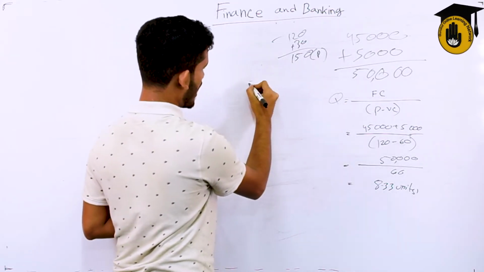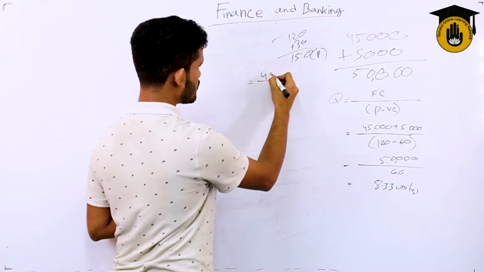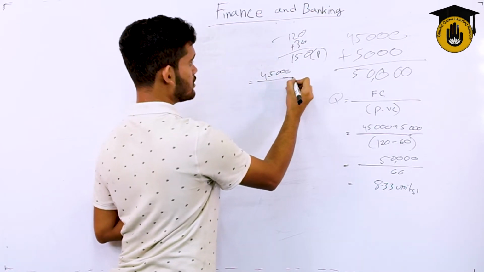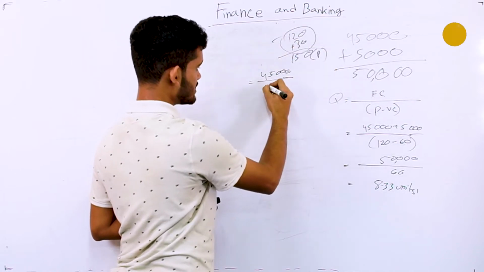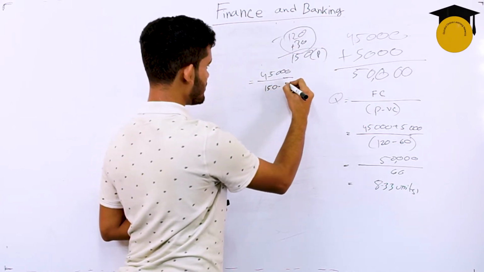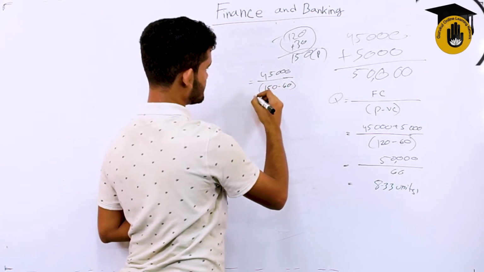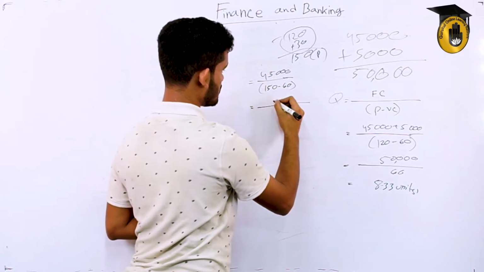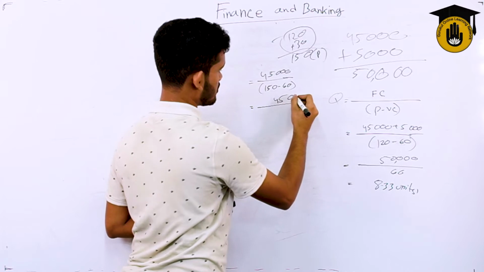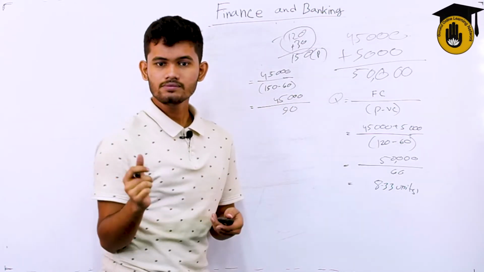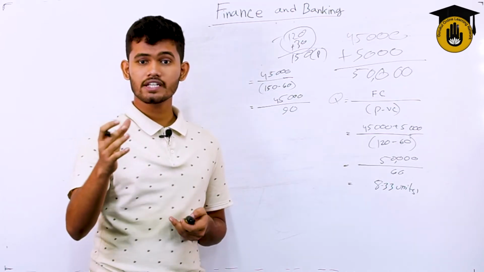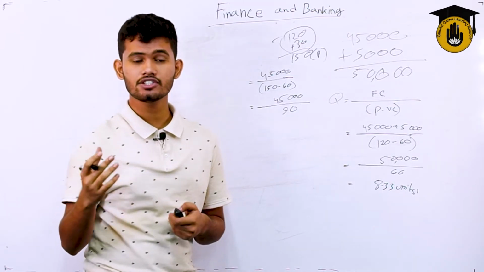It will be same. Our fixed cost was given 45,000, not 50,000 in this case. In this case, the P increased. It will be 150 minus 60. Sorry, 150 minus 60, that will be 90.